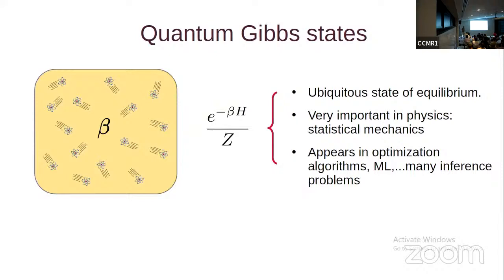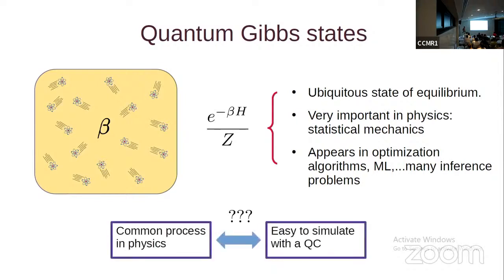So there are many reasons why you'd like to actually prepare these states. Thermalization happens all over the place, right? And you'd expect that at least in some regimes, you should be able to simulate these Gibbs states efficiently with a quantum computer. Or even with a classical computer, in fact.